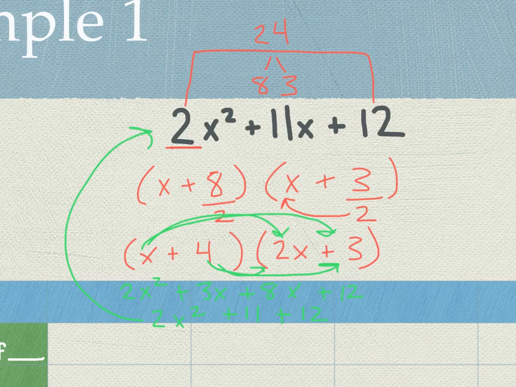So this right here is our right answer. Any questions? All right, let's go to the next example.